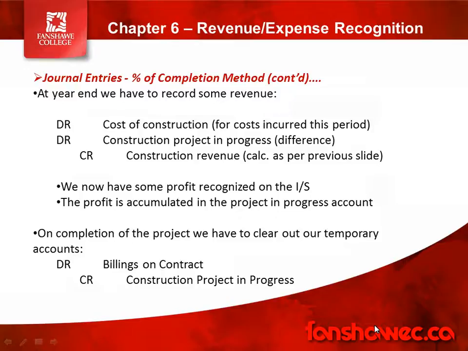The reason being, you recognize all of your revenues in your BOC account. So when we're invoicing the customer, instead of crediting revenue, we're crediting BOC, right? In your PIP account, you're recording all of your expenses, plus, because of this entry right here, you're recognizing all of your profits, okay?